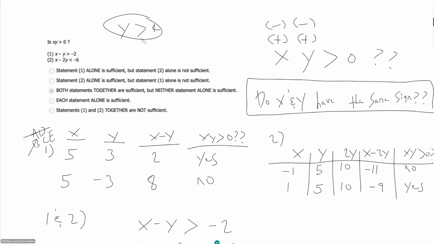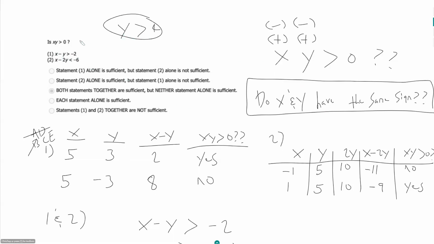So is it possible for x to be negative, let's say? And here we can look just at this first statement. That is not possible, because if we subtract some number greater than 4 from a negative, it's never going to be greater than negative 2. So in this case, x is also going to have to be some positive number, and it's going to have to be a positive number greater than 4 most likely.